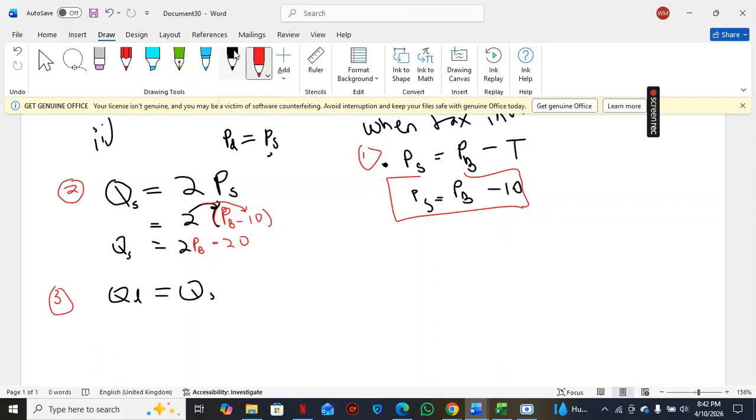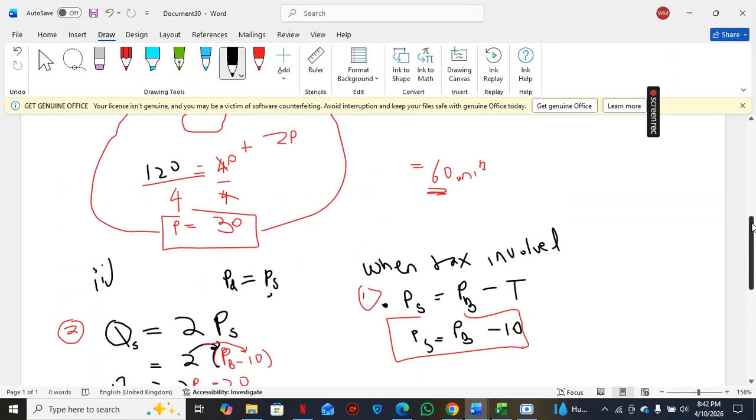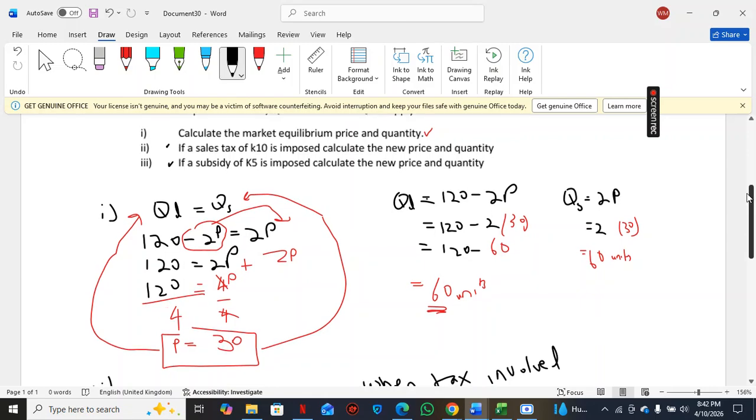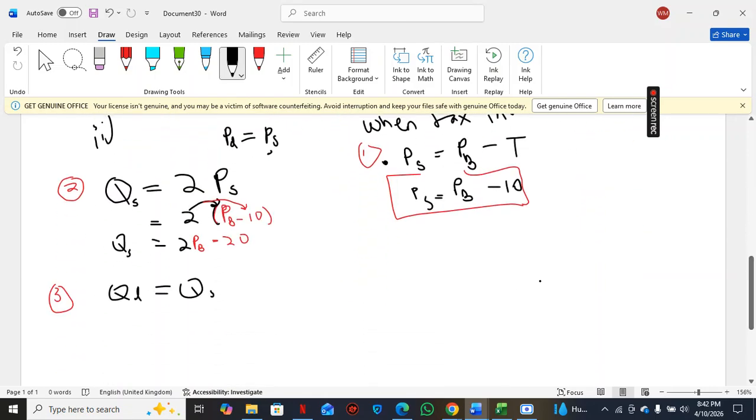QD is 120 minus 2PB. And QS is 2PB minus 20.